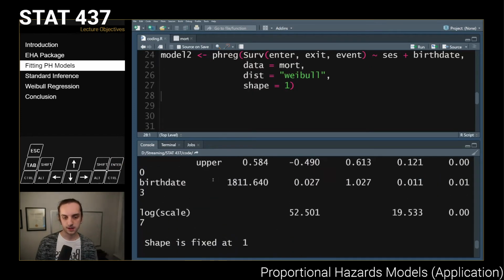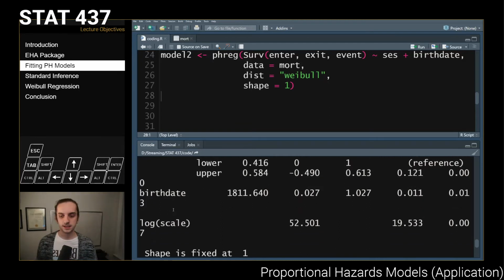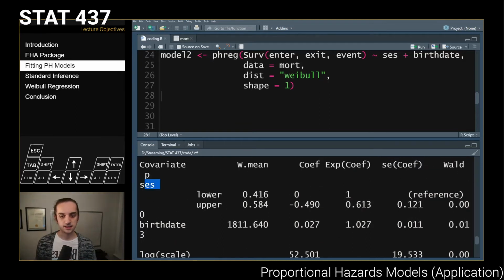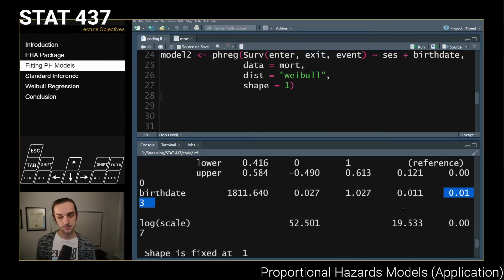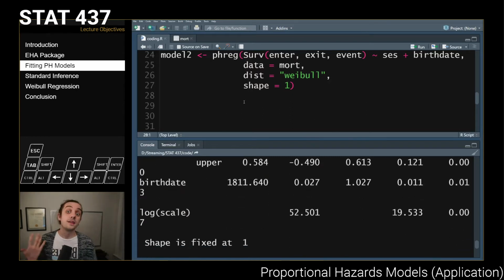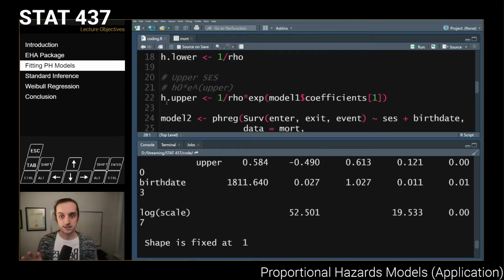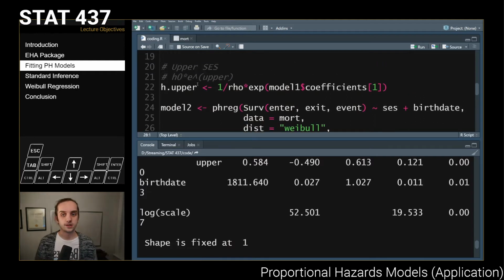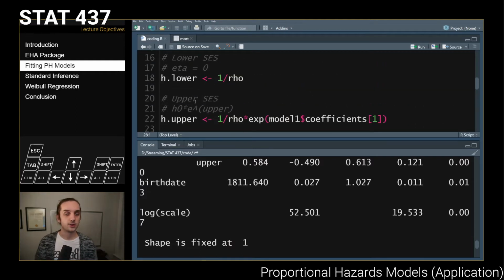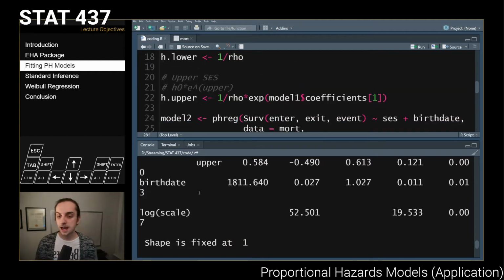And now we're going to have a very similar output, except instead of it just being the socioeconomic status indicators, we also have this effect of our birth date, right? And you can see it does appear that maybe it's significantly different. All right, so the general output, oh, and then I guess in this case, in terms of estimating hazards, we're now not only going to have a hazard for the lower and upper socioeconomic status, but you'd also have to include someone's birth date in that, right?